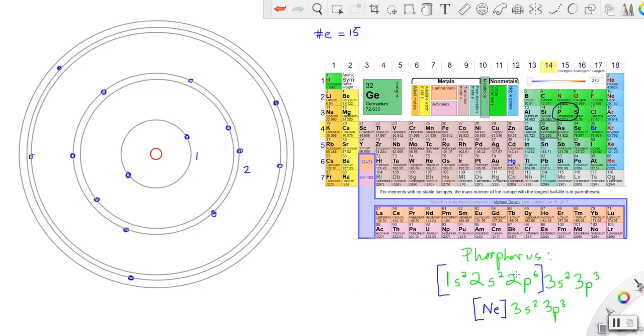And then you're going to keep building up these electrons, and then the term that is not entirely filled with electrons has a very important number in it. That is the valence electrons.